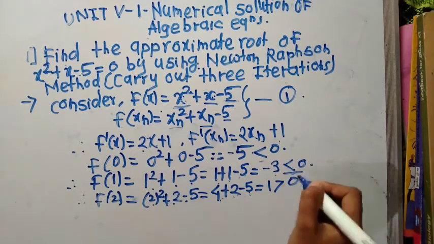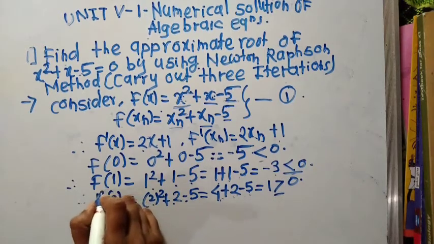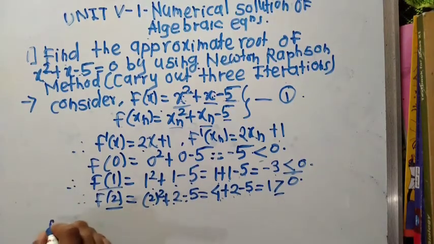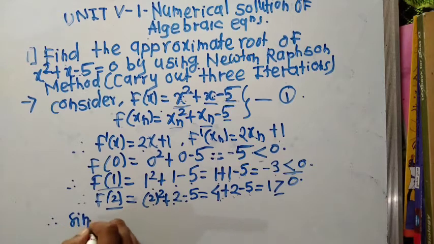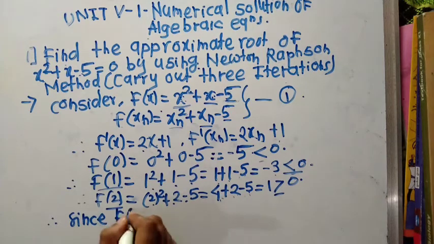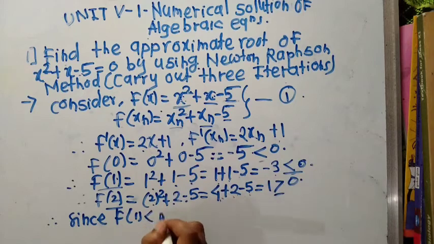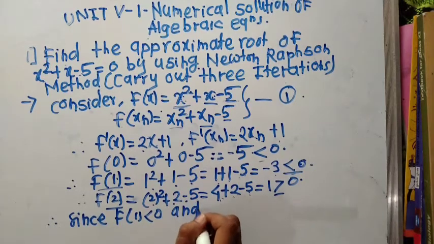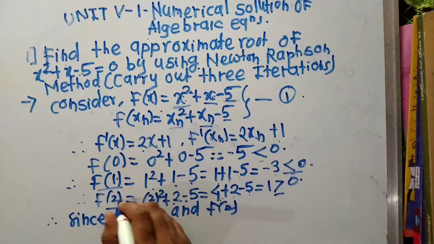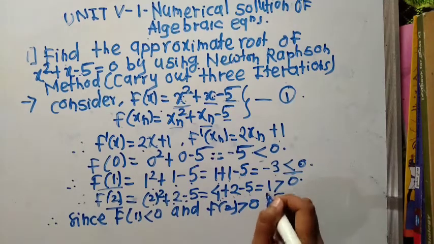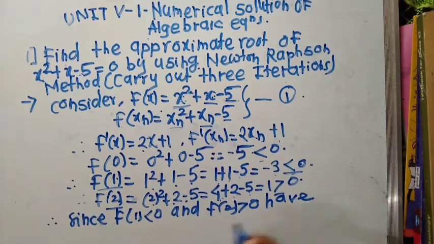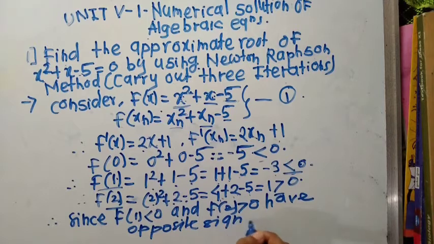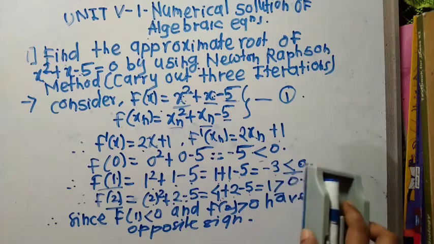Now look here, here it is less than, here it is greater than. So the last points that came are 1 and 2. Since f of 1 is less than 0 and f of 2 is greater than 0, they have opposite sign. And so, as they have opposite signs, the root lies between them.